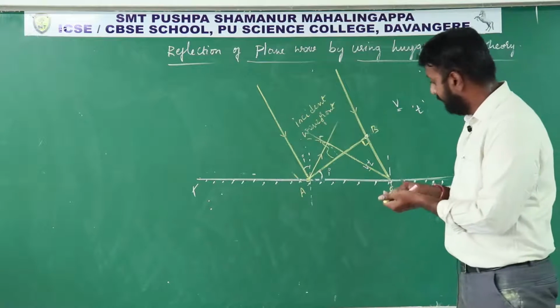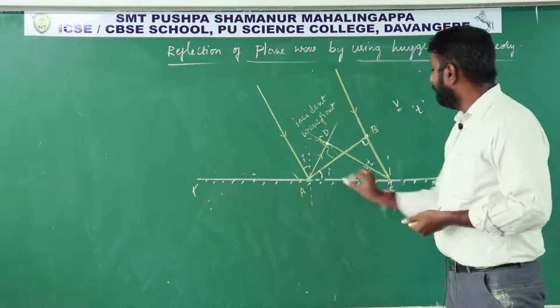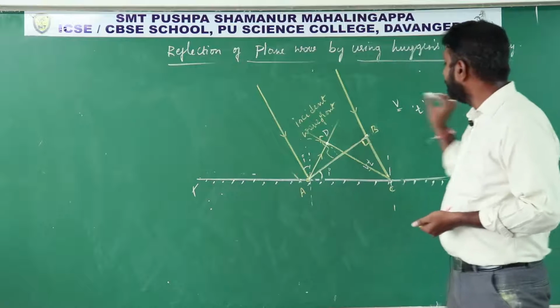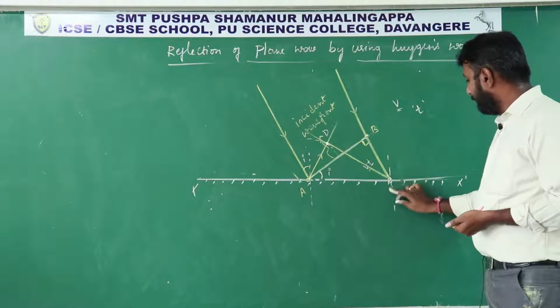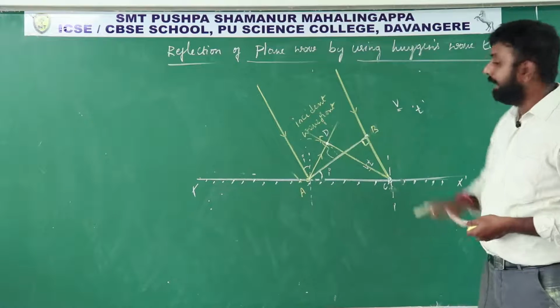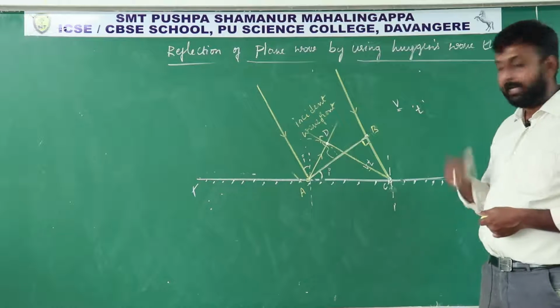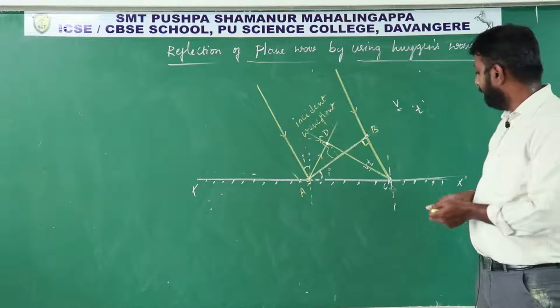Okay, so let us give this point the name D. So AB is the incident wavefront and here this point is C, right? Then AB is the incident wavefront and CD is the reflected wavefront.